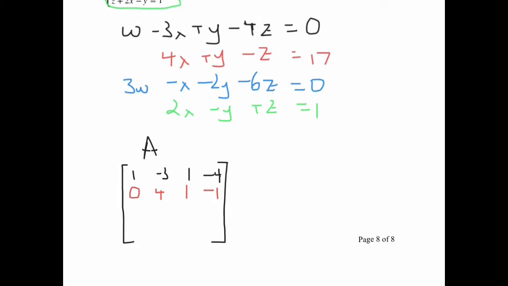In our third equation, we've got a 3w, and a negative 1x, and a negative 2y, and a negative 6z. And in our final equation, once again, there's no w's, so we'll put a 0 there. And there's 2 x's, negative 1y, and 1z. So that's our coefficients matrix.